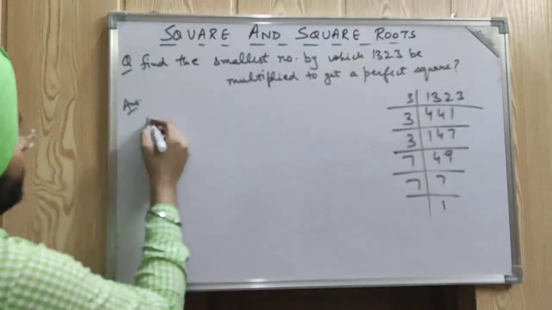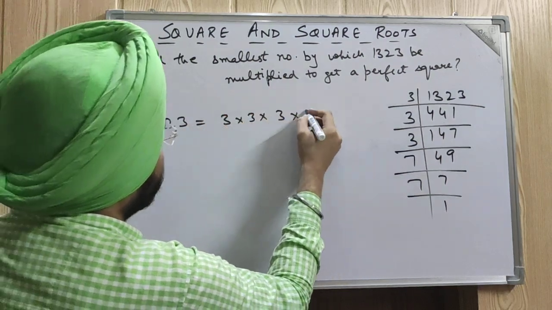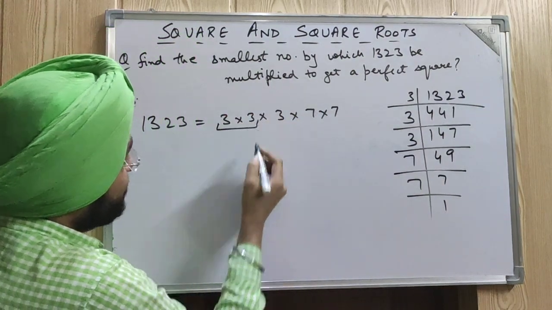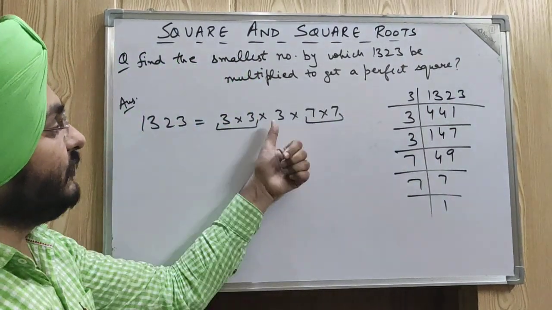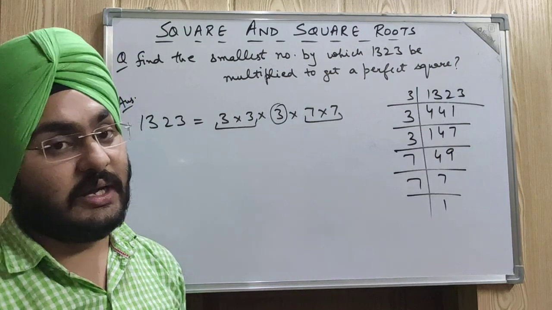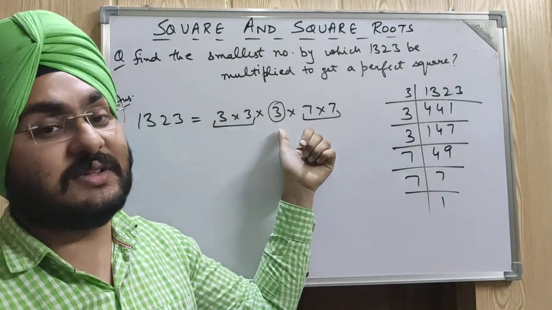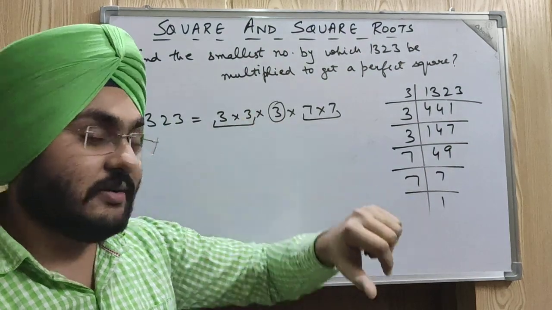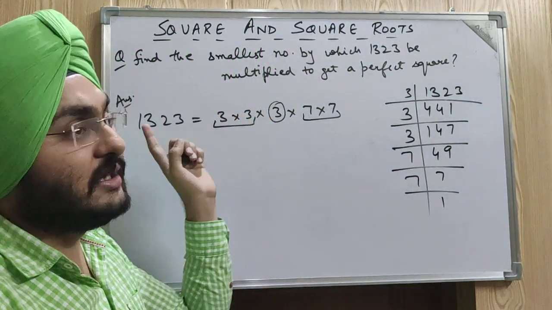So now this 1323 can be written as 3 into 3 into 3 into 7 into 7. Now you are saying this 3 is making a pair, 7 also pair. We are left with just 3 here. It means if I will be making the pair of this 3, the answer will be a perfect square at that time. It means this number should be multiplied with 3.